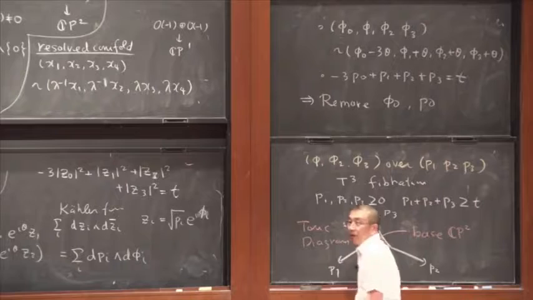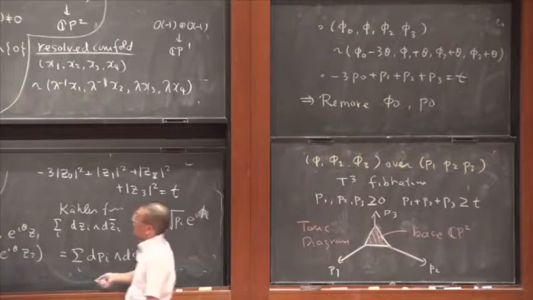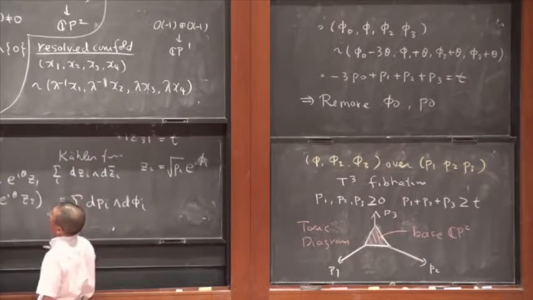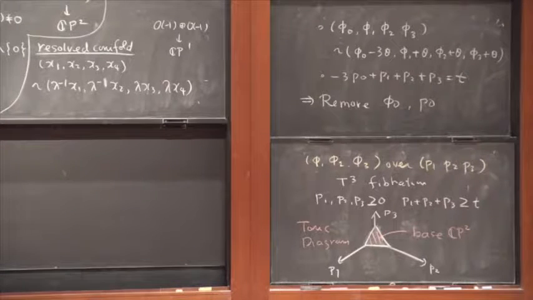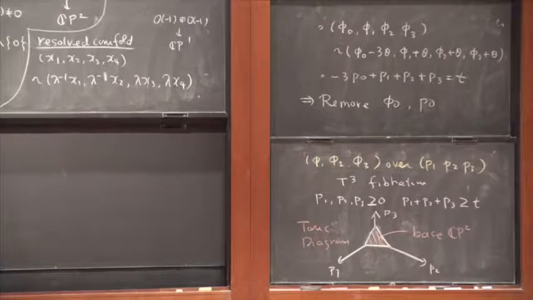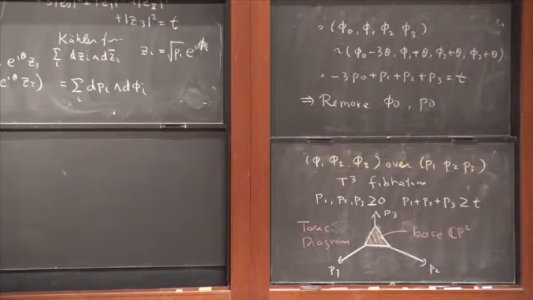In the Calabi-Yau literature, sometimes you hear about toric diagrams, and there is nothing mysterious about it. It's just this type of picture that shows the structure of the T3 fibration.